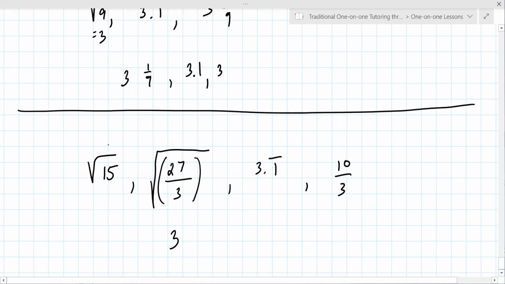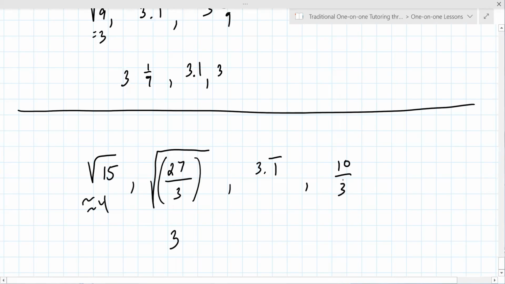And the square root of 15 is near what number? Square root of 15 is near 4. Right, so this is about 4. So that's bigger than all the rest of them because 3.1 is near 3 and 10/3 is near 3-ish, right?